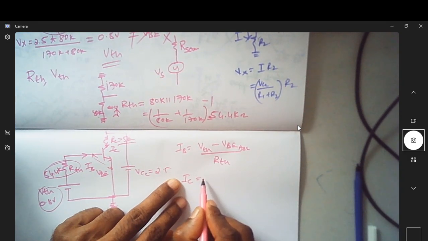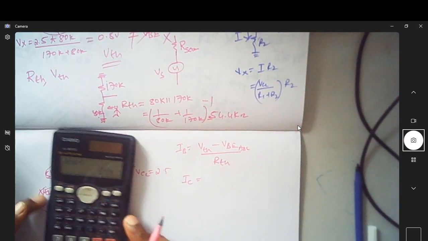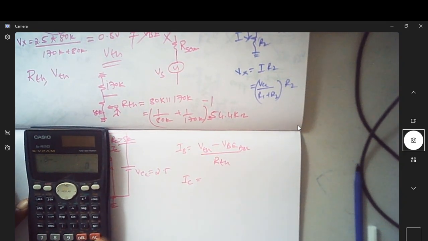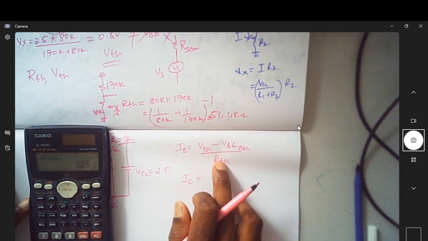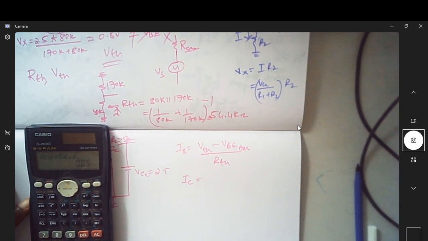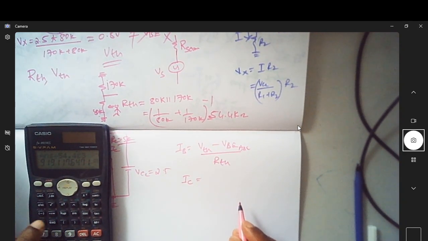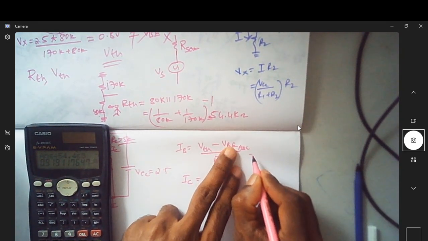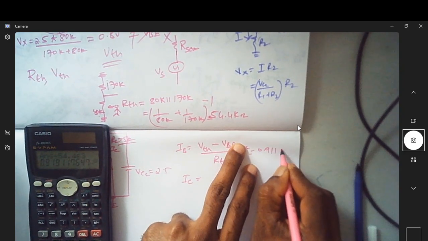So IC comes out to be how much? Let us find out this. So how much is R Thevenin? Sorry, V Thevenin is 0.8 minus VBE, we are assuming it as 0.75, divided by how much is R Thevenin? 54.4 exponential 3. So you have a current of, let me just put in micro, you have an IB of 919 microampere.